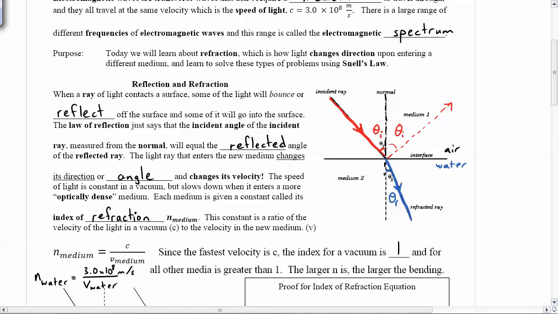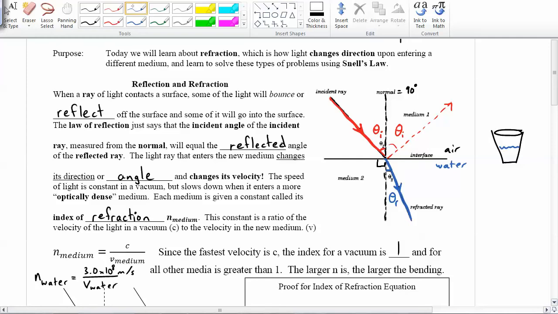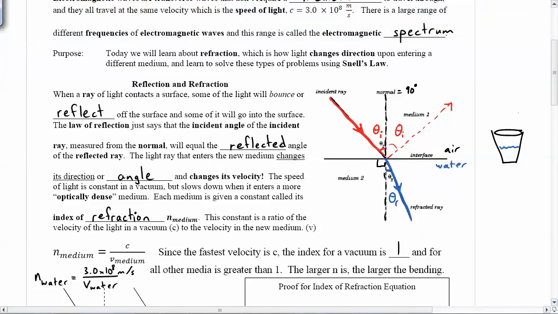Okay, and the word normal means perpendicular, because it's a line that's 90 degrees with the surface. And this is the reason why when you look at a cup that has some water in it, and you have a straw sitting in that cup, it kind of looks like the straw is broken or bent at the surface.